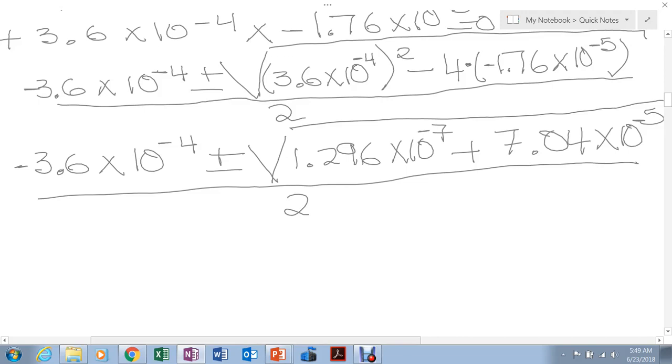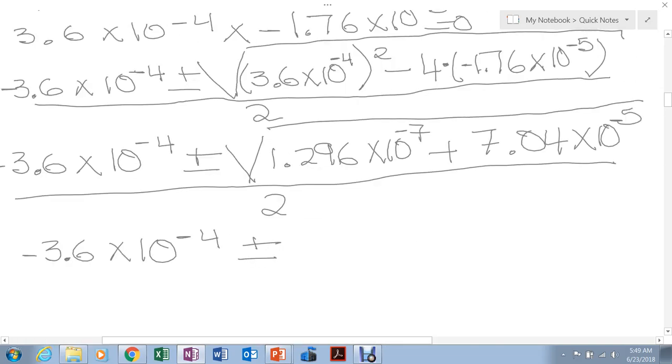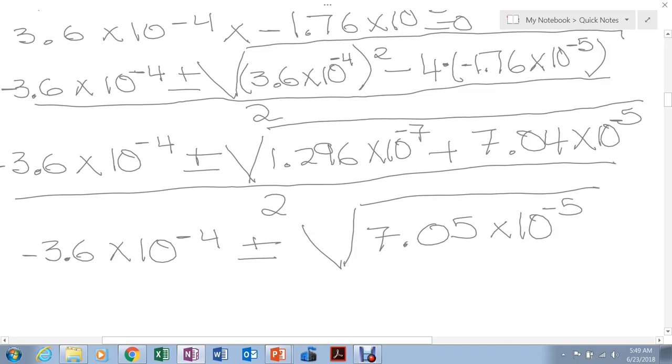But it changes a little bit, so x equals minus 3.6 times 10 to the negative 4 plus minus the square root of 7.05 times 10 to the negative 5. All this divided by 2.